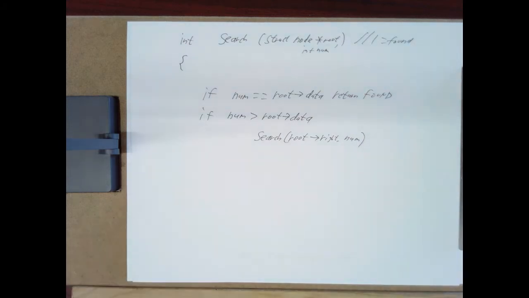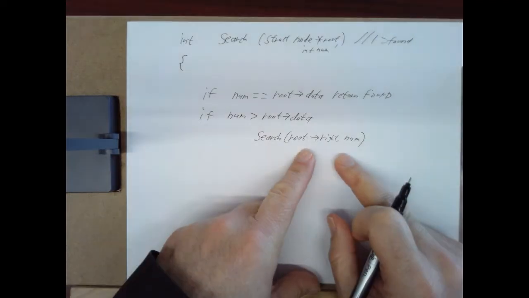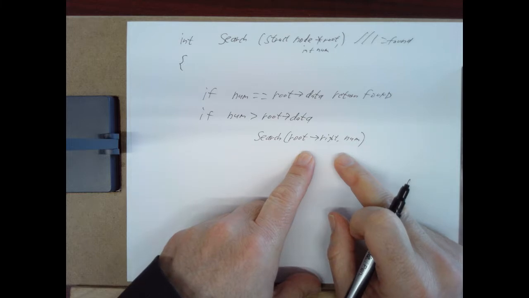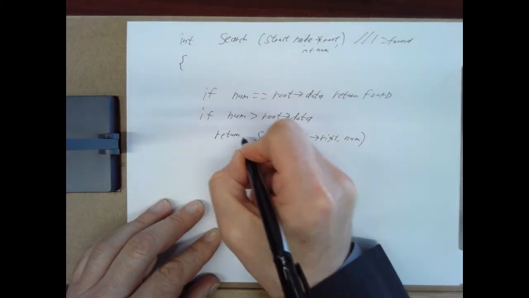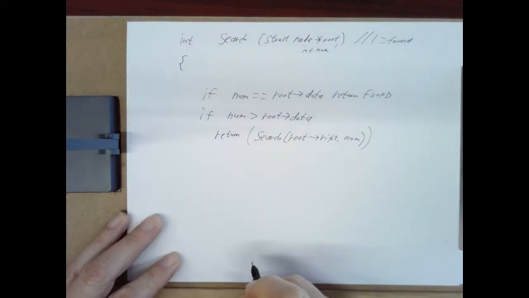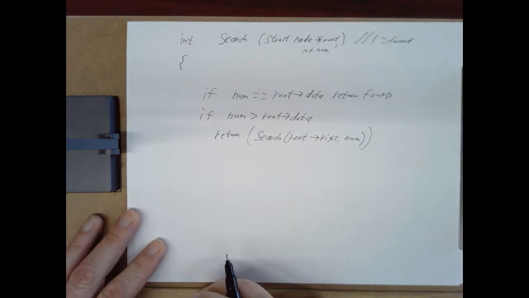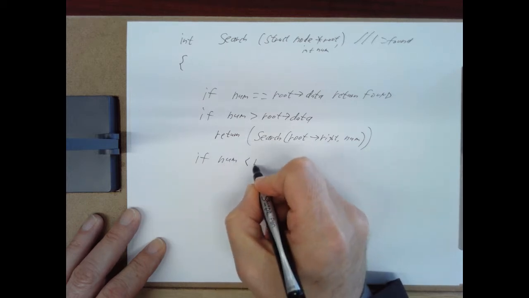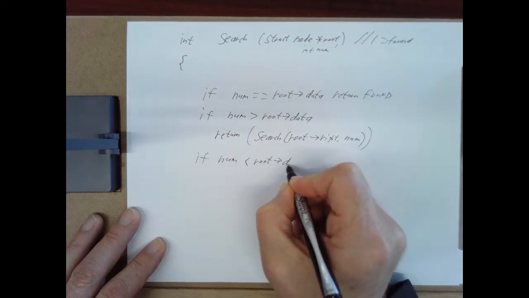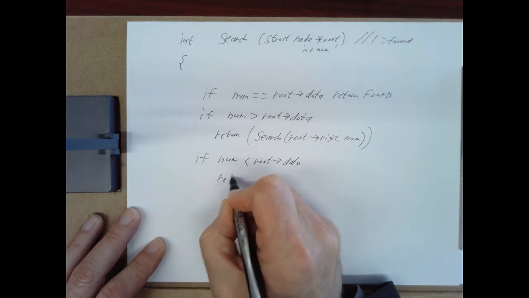And if our number is found in that right subtree, then it's in the original tree. And if it's not in the right subtree, it's not in the original tree because it could only be in the right subtree. So we can just return whatever this call to search returns. And if num is less than root data, search the left.